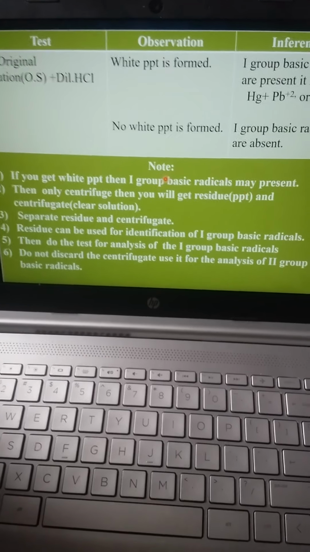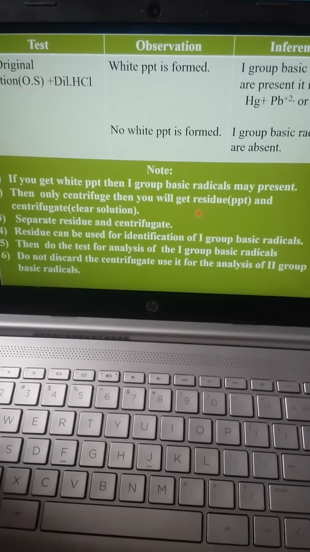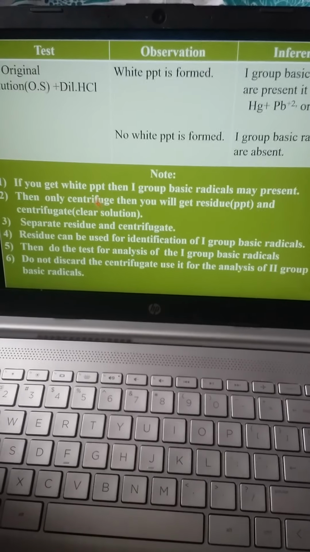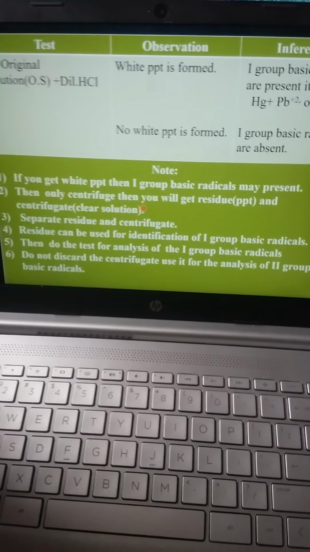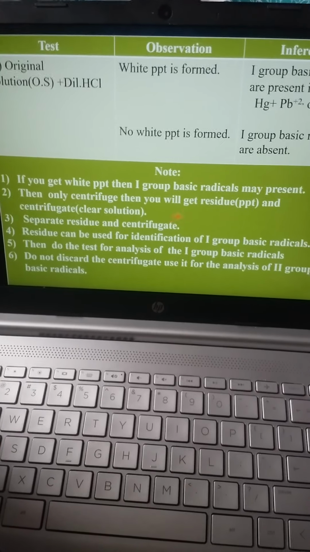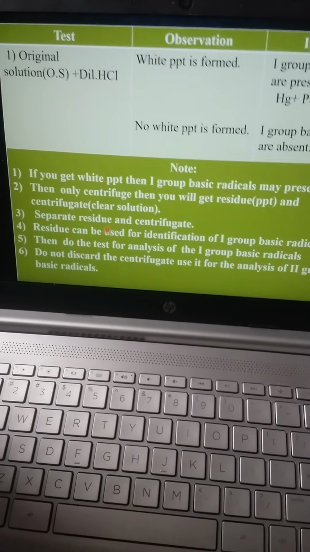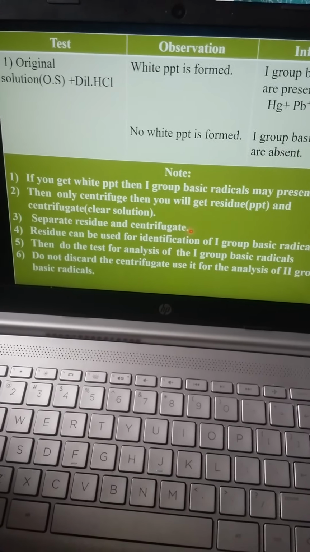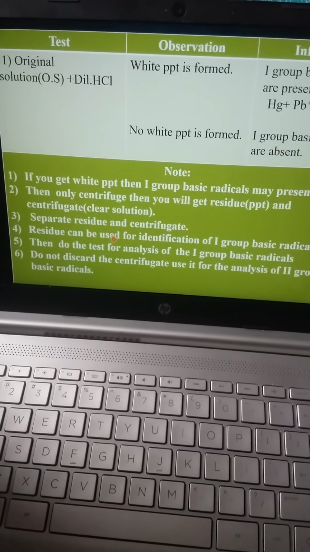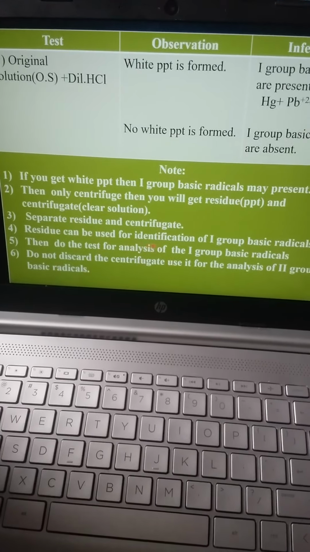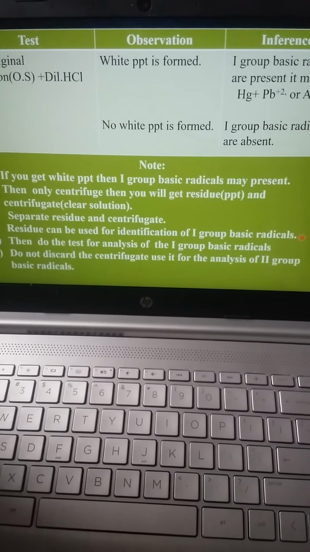After getting a precipitate, centrifuge the mixture, and you will get a residue and a centrifugate. Residue means precipitate and centrifugate means clear solution. Separate the residue and the centrifugate using a test tube.